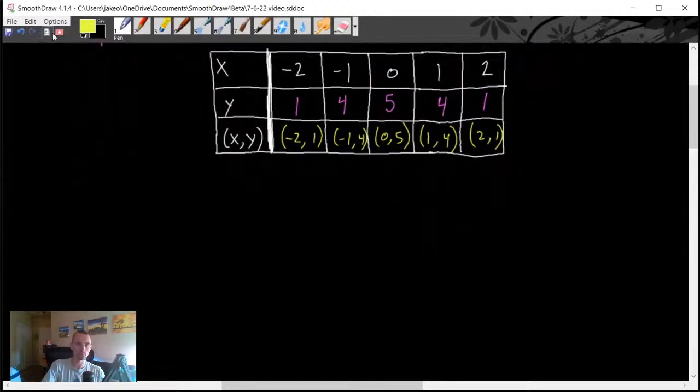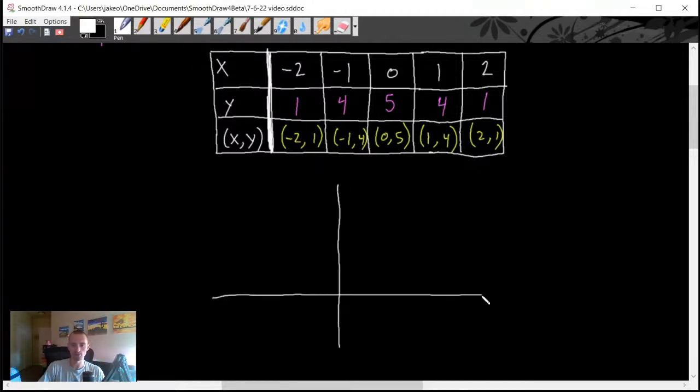To graph them, all you need to do is start out by drawing your xy axes. You want to get these as close to straight lines as you can. Obviously, that can be tough sometimes when you're drawing by hand. Then we want to label our horizontal axis as x and our vertical axis as y. That's the standard way that you label your axes. Then we want to number them a bit.